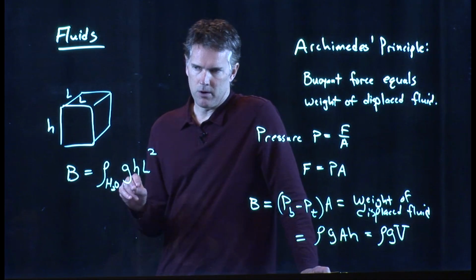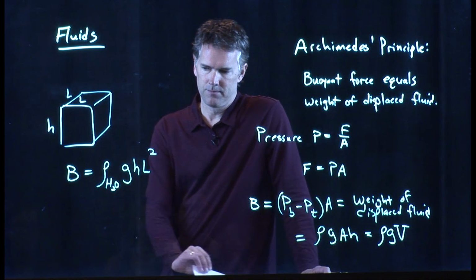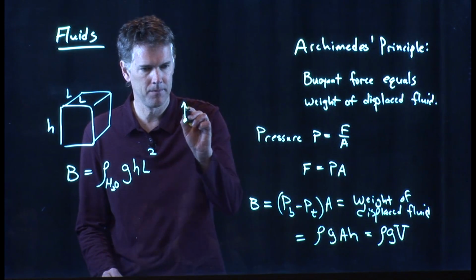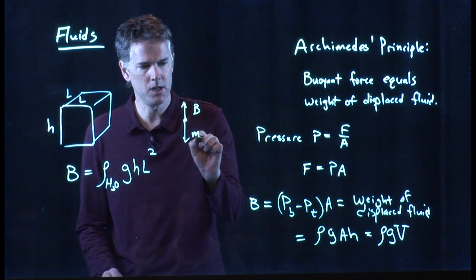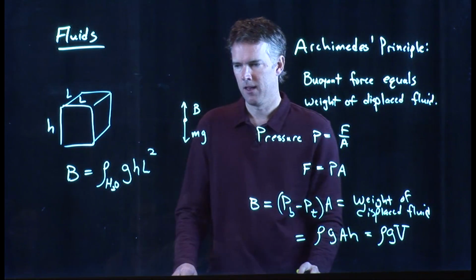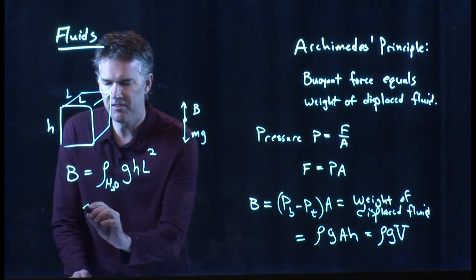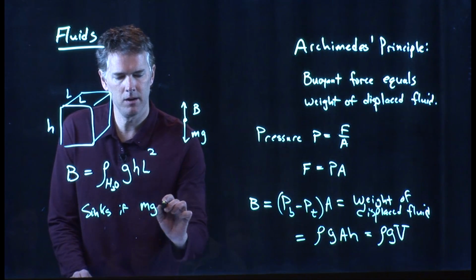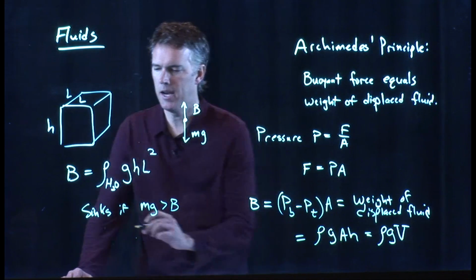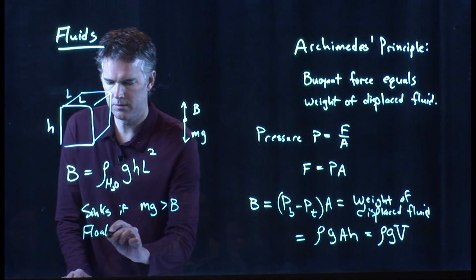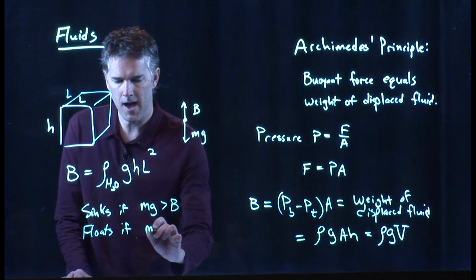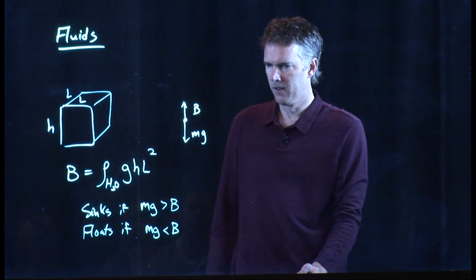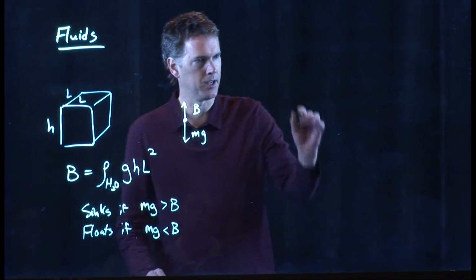And now let's go back to our original question. Will it float? Well, we've got the buoyant force going up. We have mg going down. And we know that it's going to sink if that force down is bigger than B, and it's going to float if that force down is less than B. Let's think about this mg for a second.